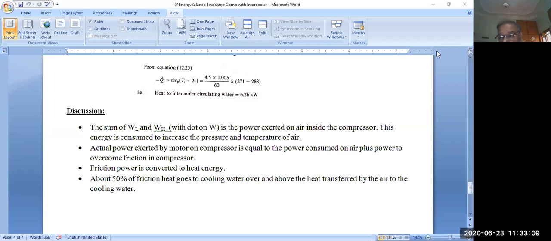Friction work is not usable, so this is converted into heat loss. So about 50% of friction heat goes to the cooling water over and above the heat transferred by the air to the cooling water. So after this discussion we'll go to next topic.